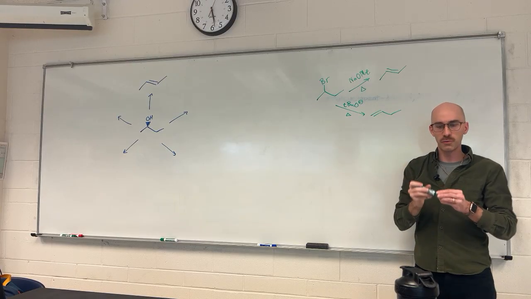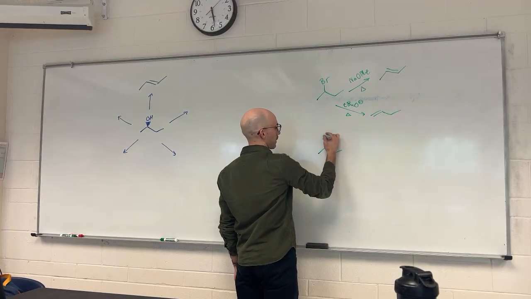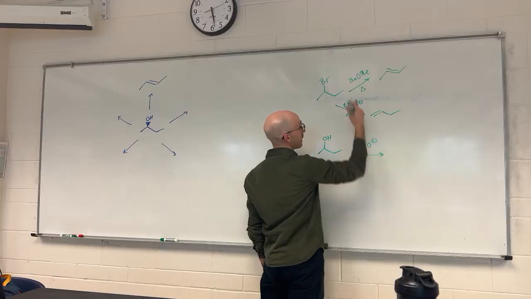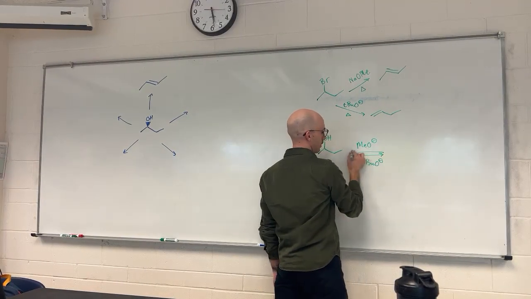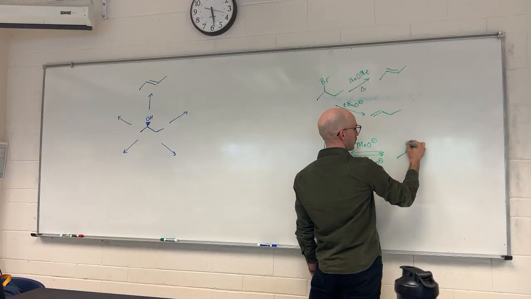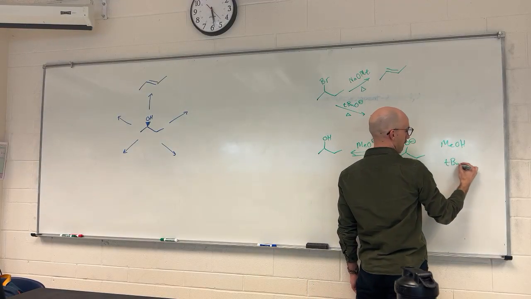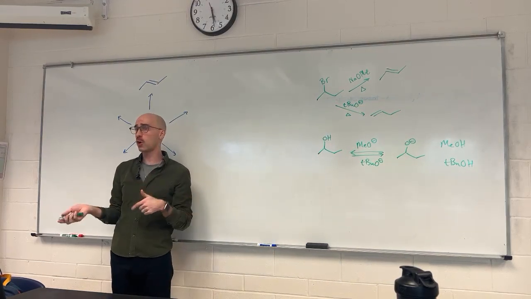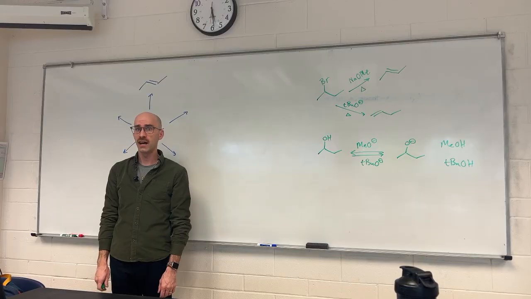With alcohols, we can't use bases at all. If an alcohol was exposed to something like methoxide or tert-butoxide, I just establish an equilibrium. It's just two alcohols deprotonating each other. Not great.